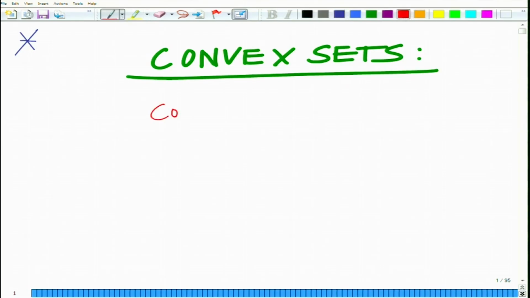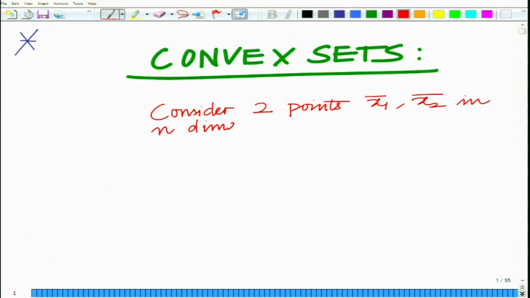Consider 2 points x1 bar comma x2 bar in n dimensional space, okay, which means these are vectors in n dimensional space. These are general points in n dimensional space. So, we are considering 2 points in n dimensional space.